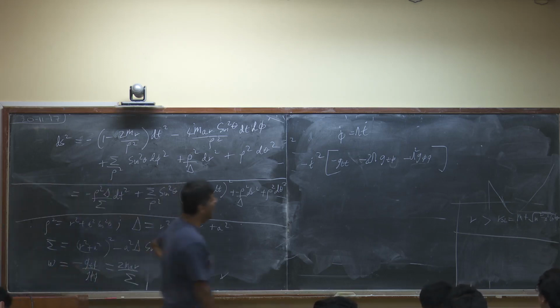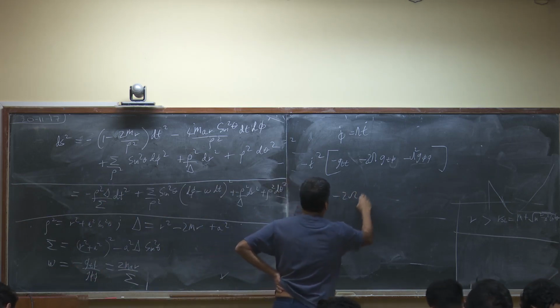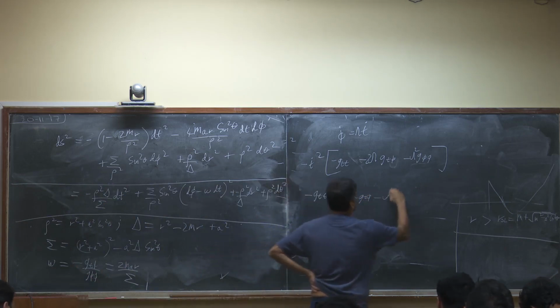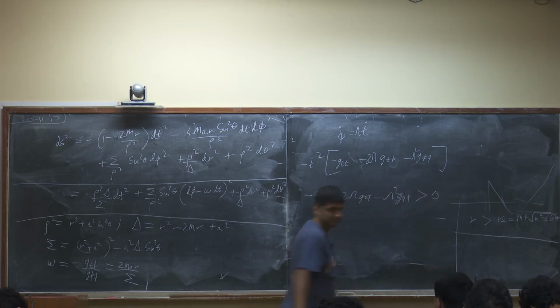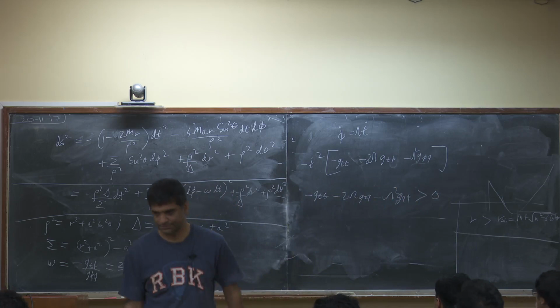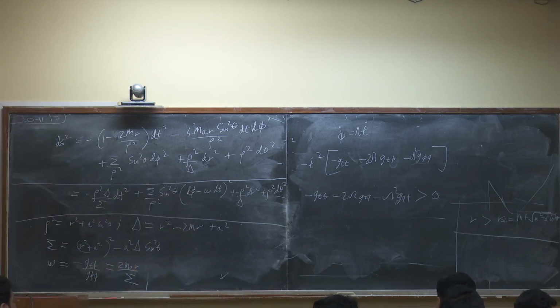So for this to be allowed, we need minus g_tt minus 2 omega g_t phi minus omega squared g_phi phi to be greater than 0. That's the generalization of the condition we had before.